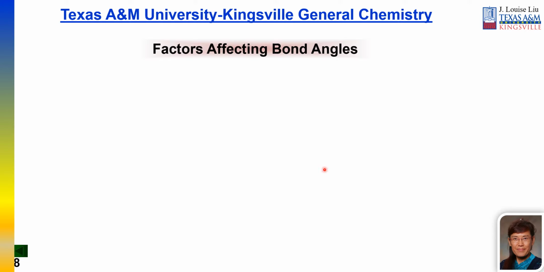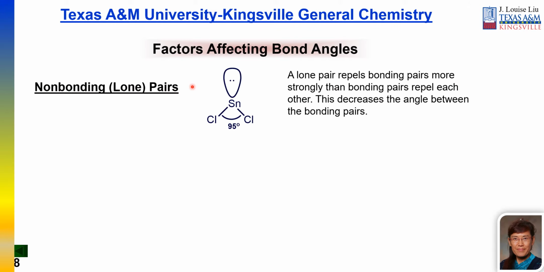The third structure will be the tetrahedral structure. Before we go into the tetrahedral structures, let me emphasize the factors affecting the bond angles. First one is called non-bonding pairs, also called lone pairs. If you have this lone pair, the lone pair repels bonding pairs more strongly than the bonding pairs repel each other.